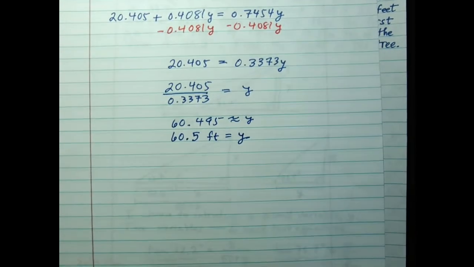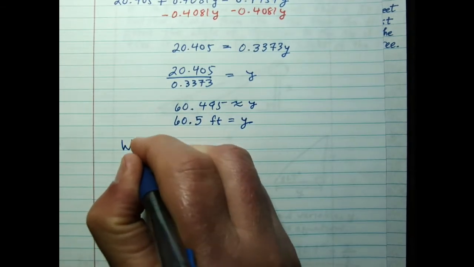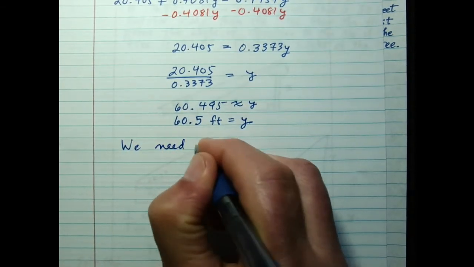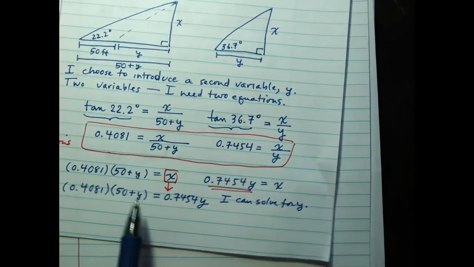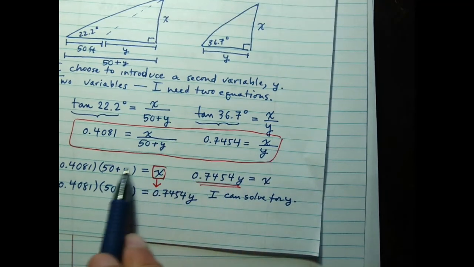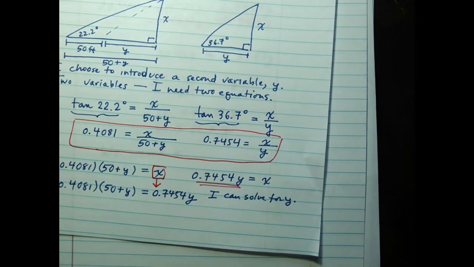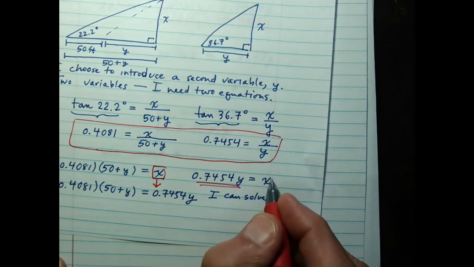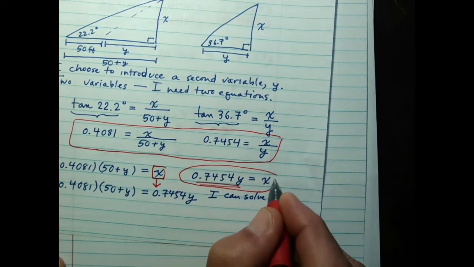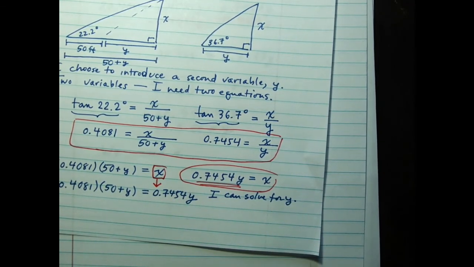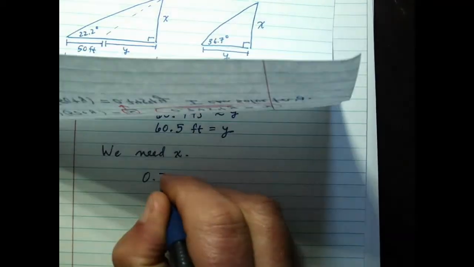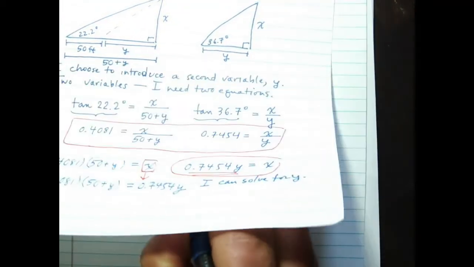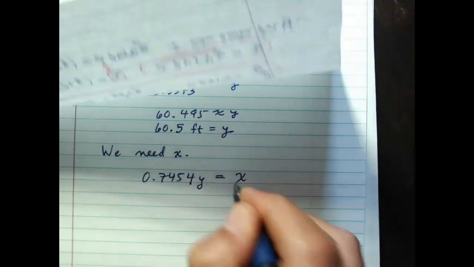And now we need x. That's the height of the tree we're looking for. I can go back to any equation involving x and y. The easiest one is probably this guy right here. I'm just going to recopy that: 0.7454y is equal to x.